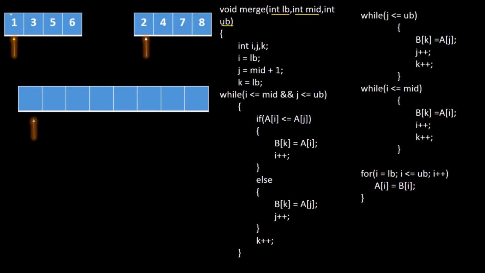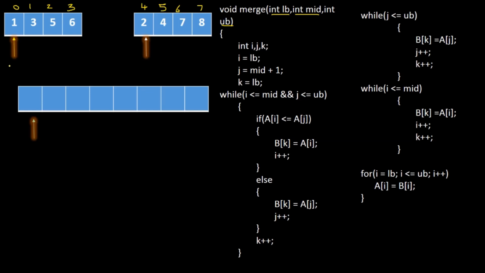So see here, 1, 3, 5, 6 are there. This is index number 0, this is index number 1, this is index number 2, this is index number 3. Likewise 4, 5, 6 and 7. So these are the index numbers.